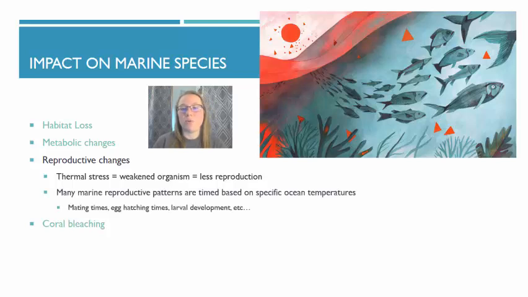And many marine organisms require specific ocean temperatures in order to meet certain reproductive milestones. So sometimes temperature dictates the time that organisms mate. It determines the time when eggs can hatch or larvae can survive in certain stages of their life cycle.